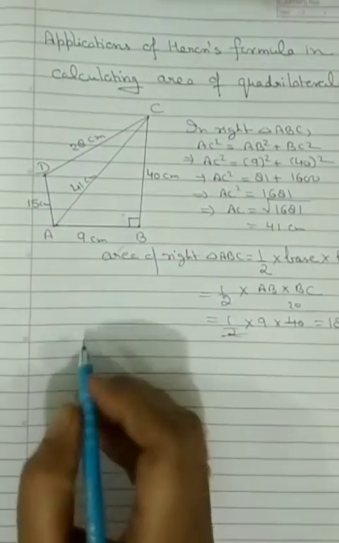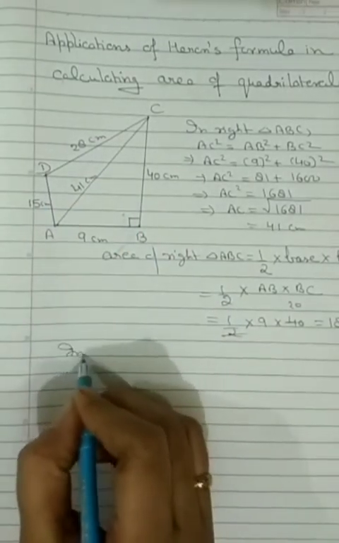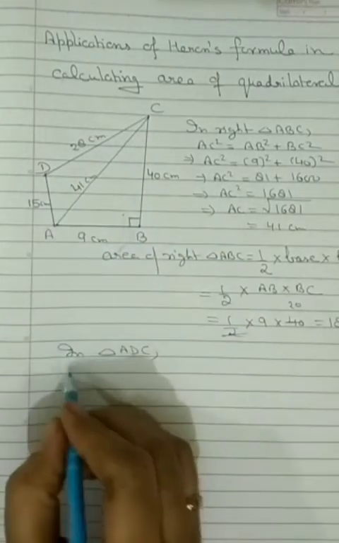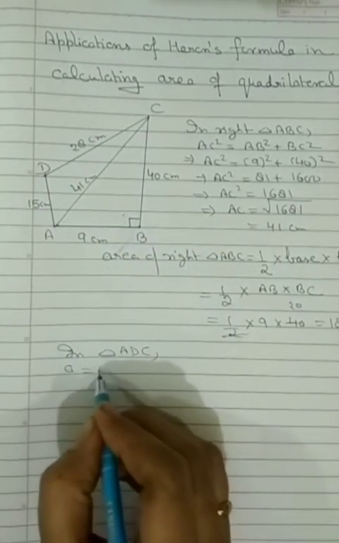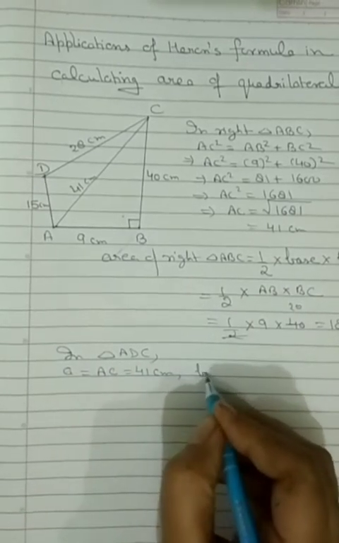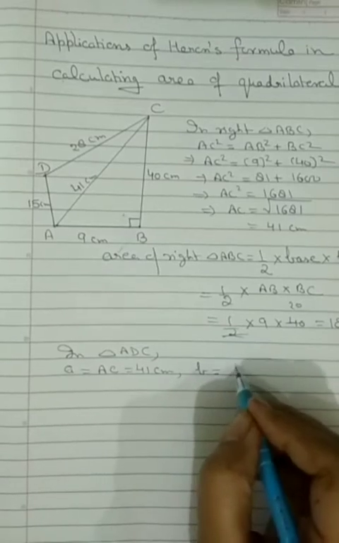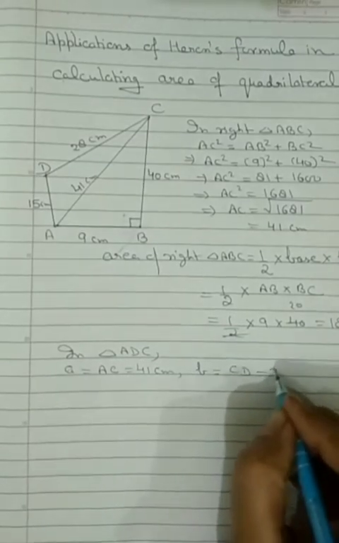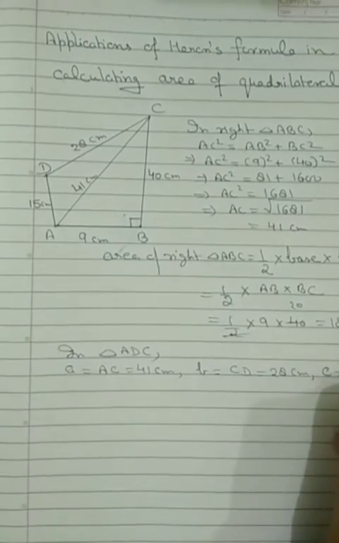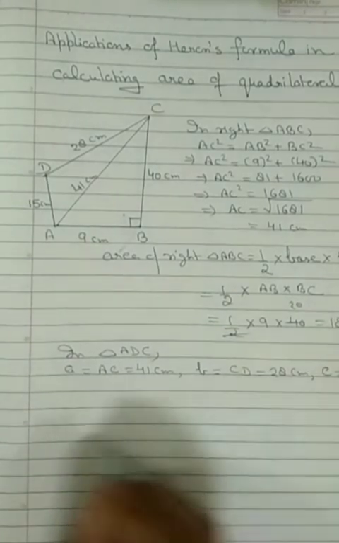Now to calculate the area of triangle ADC, in triangle ADC all the three sides are known. Let A be AC, that is 41 centimeters. B we are considering, that is CD, 28 centimeters, and C, that is AD here, 15 centimeters.